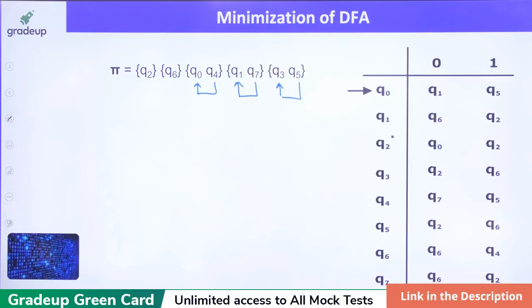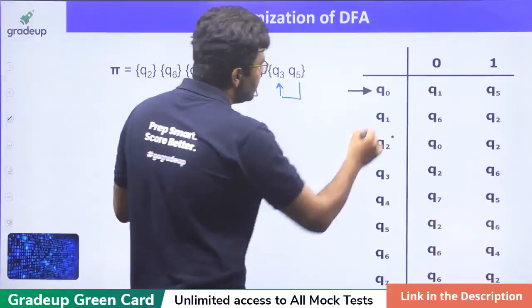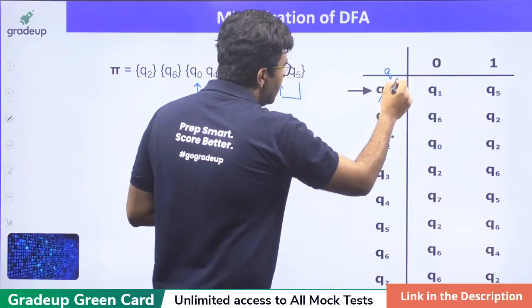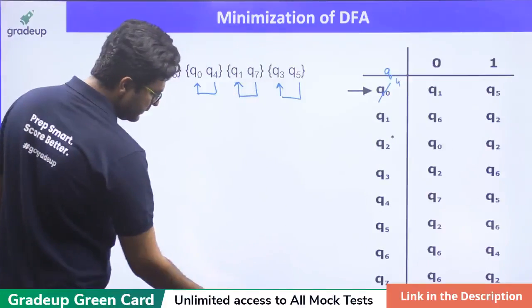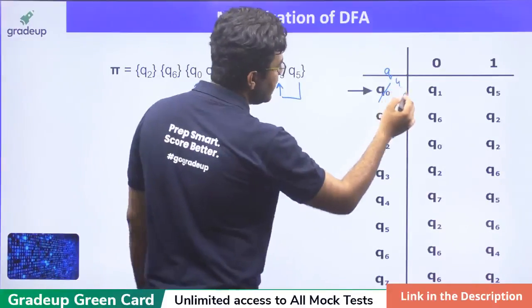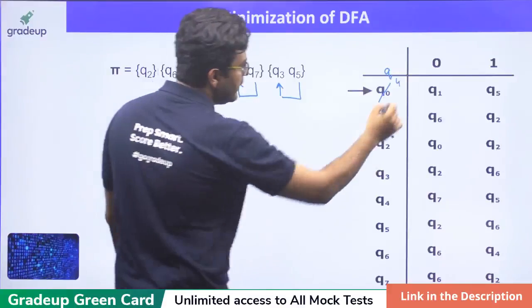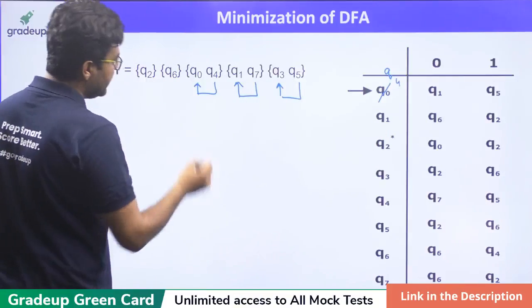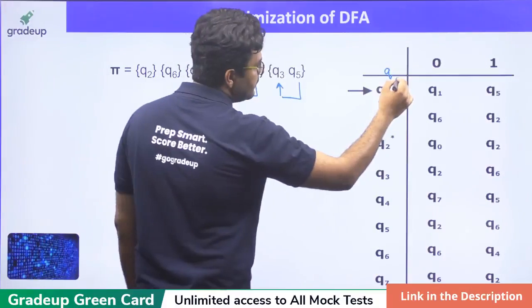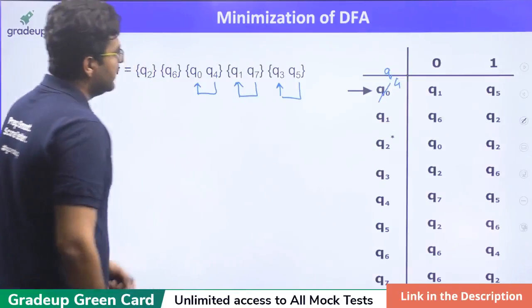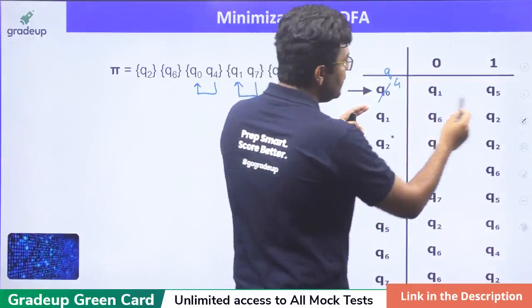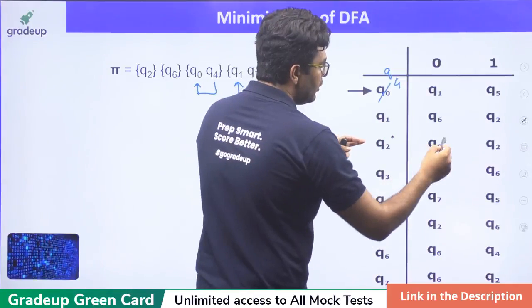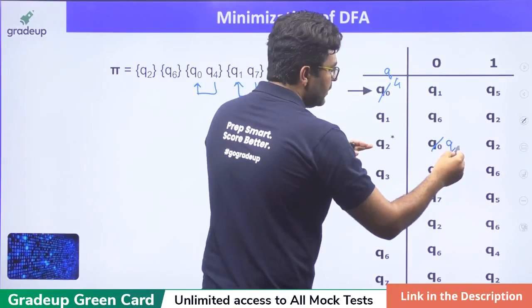So I'm doing it now. I'm replacing 4 with 0. Q0 will be replaced by Q4. Q0 will be replaced by 4 at every place. Wherever you see Q0, you can replace it by Q4.